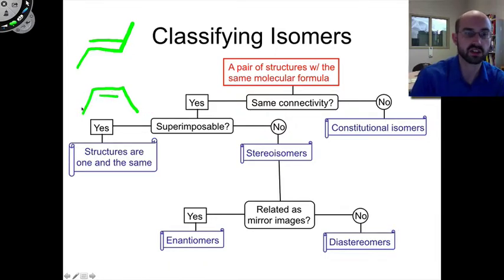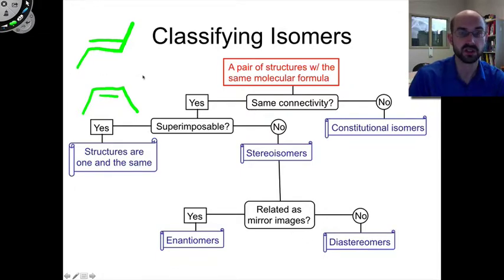Both of these are 2-butenes, CH3, CH, CH, CH3. But because this bond cannot rotate, these two molecules are diastereomers. They have the same connectivity. They are not superimposable. They are not mirror images, so they must be diastereomers.